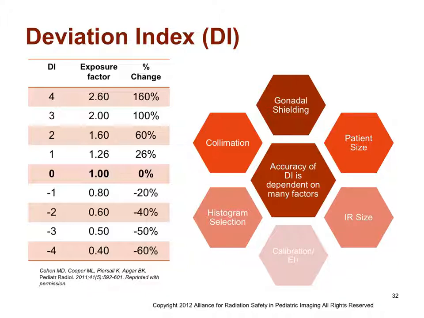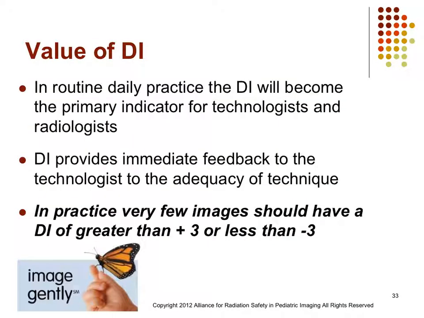It makes sure that our histogram is selected, so basically we're comparing apples to apples, a PHS to a PHS. It's going to depend on collimation, so how much exposure our detector is actually receiving, and then other factors such as patient size, image receptor size, and gonadal shielding can all have some form of an impact on this particular scale.